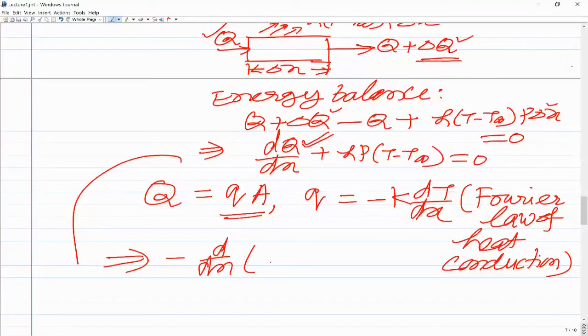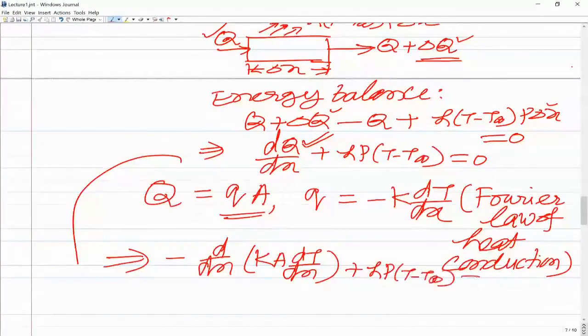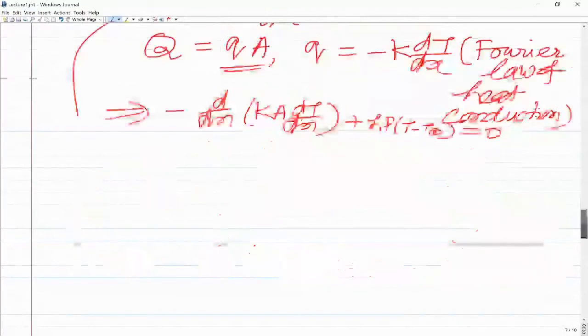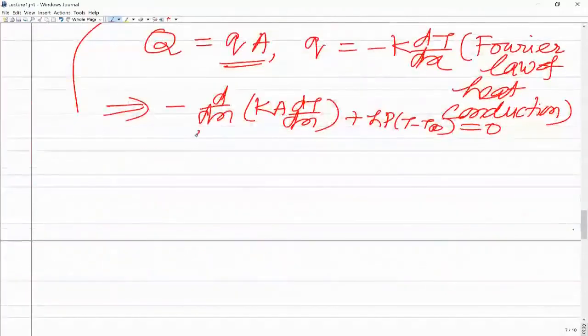The minus is already written, so I will have d by dx of (kA dT by dx), plus h into P into (T minus T infinity) equal to 0. So now this is the governing differential equation for this problem.